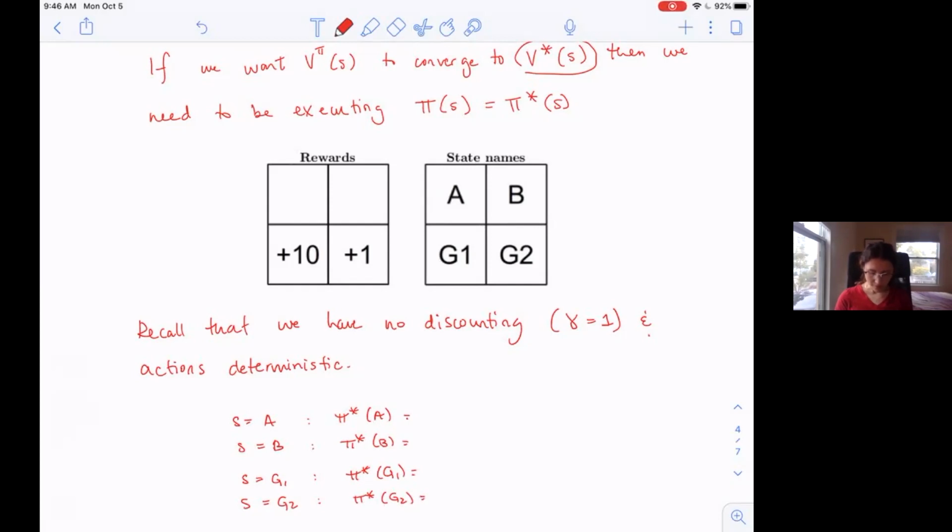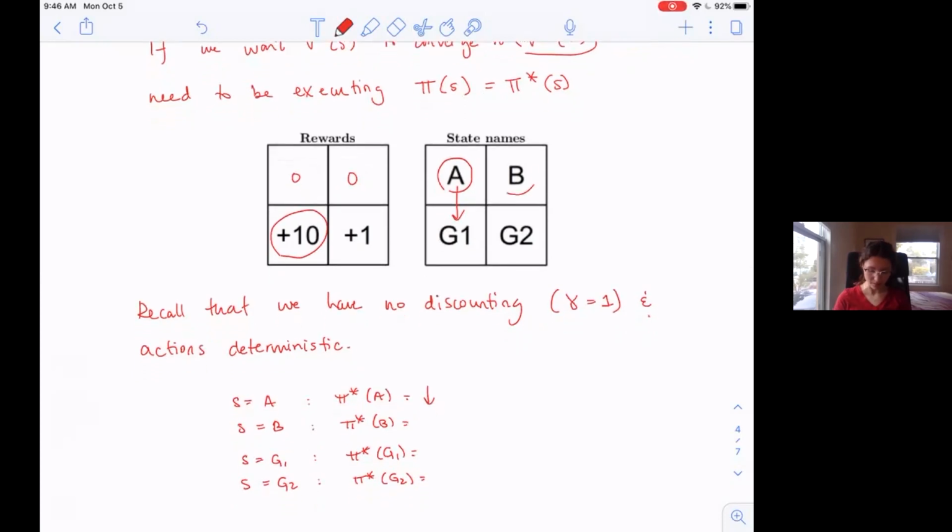Well, based on this reward structure, which gives us 0 rewards if we just stay at A and B, and gives us plus 10 if we get to G1 and plus 1 if we get to G2, if I start in A, what's the best way that I could get the most reward with no discounting? Well, I should just immediately go downwards to G1 and then stop, because that will help me accumulate that plus 10 reward. So if I'm in state A, the optimal policy will be to move downwards.